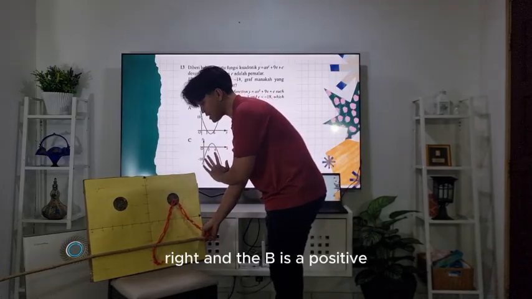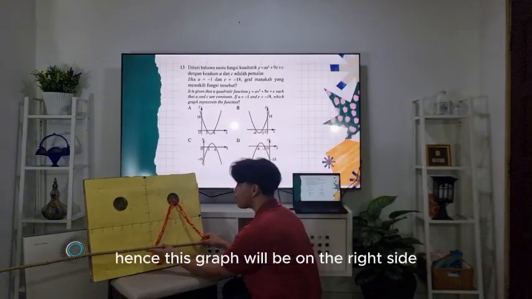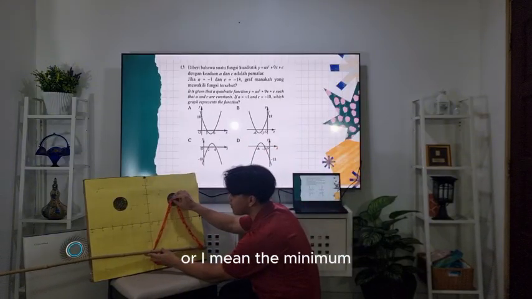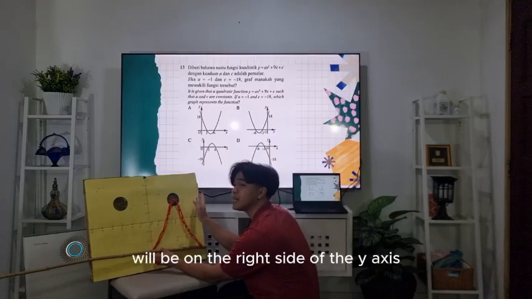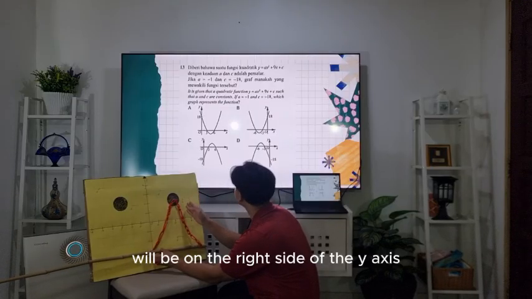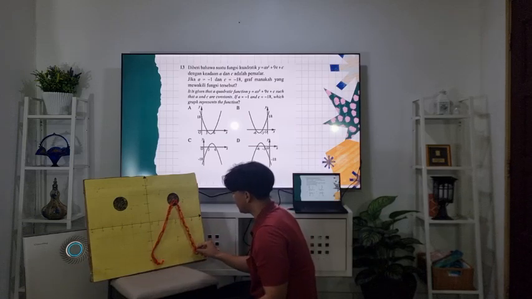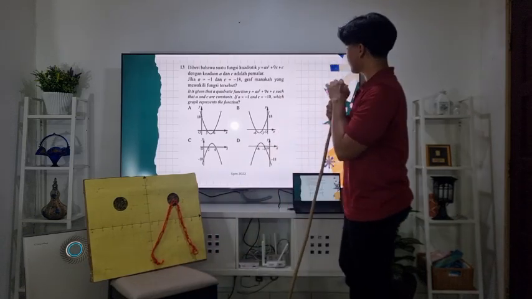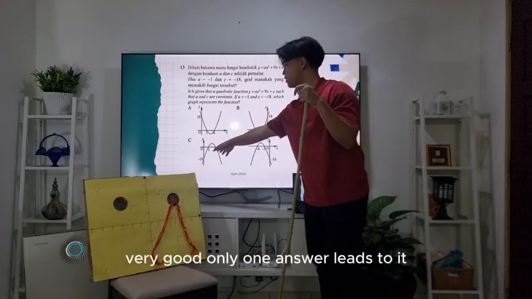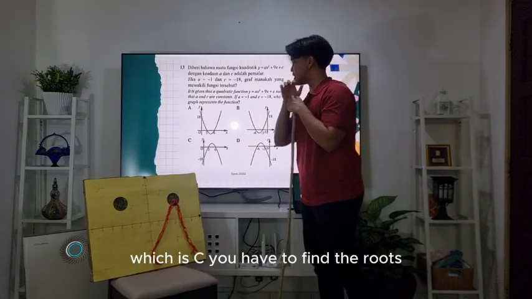Right? And the b is positive. Hence, the minimum or the maximum point will be on the right side of the y-axis. So which one represents this? Very good. Only one answer leads to it, which is C.